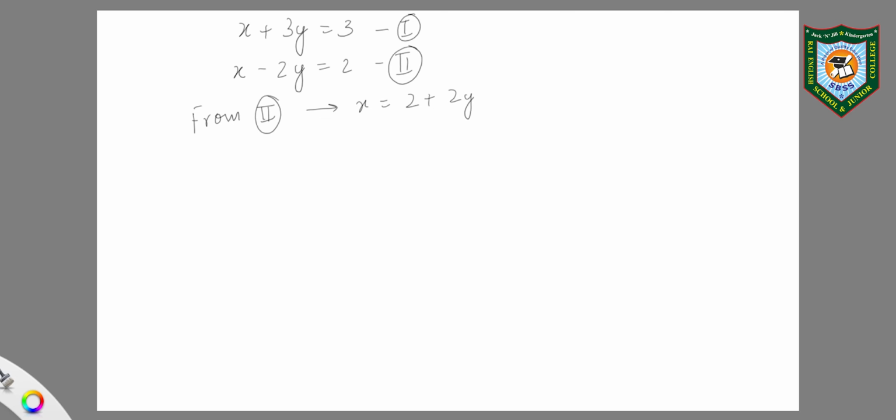I am going to substitute this value in the equation 1. Substitute x is equal to 2 plus 2y in equation 1.